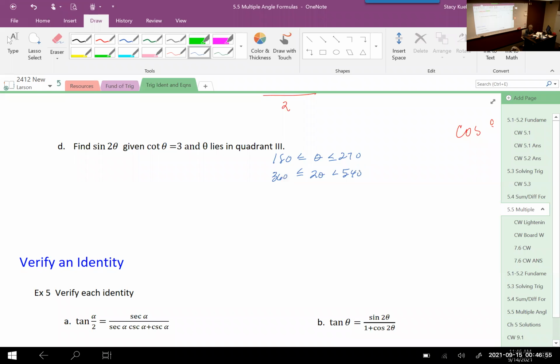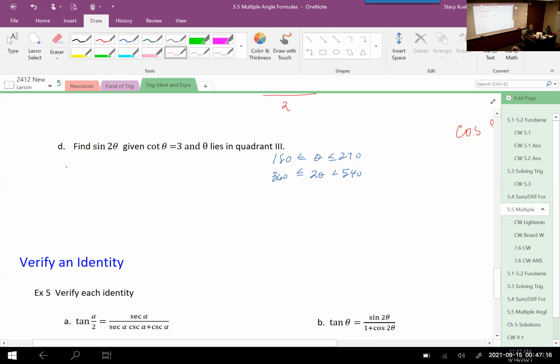So since we know what the tangent would be, can we go ahead and find the rest of them? If I'm told cotangent, I'm going to use cotangent to figure out what sine 2 theta is. So sine 2 theta is defined as, y'all tell me, what's sine 2 theta?